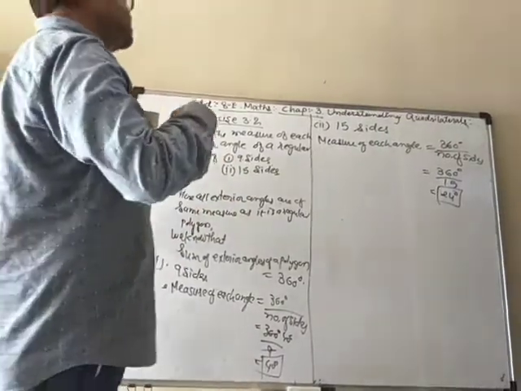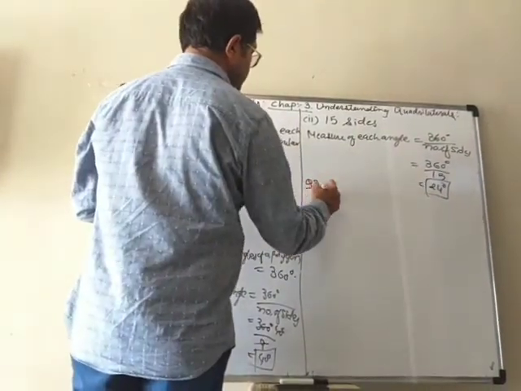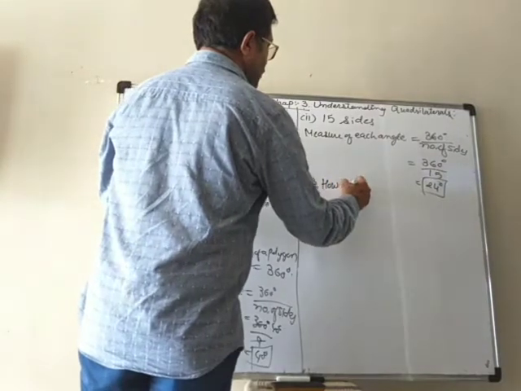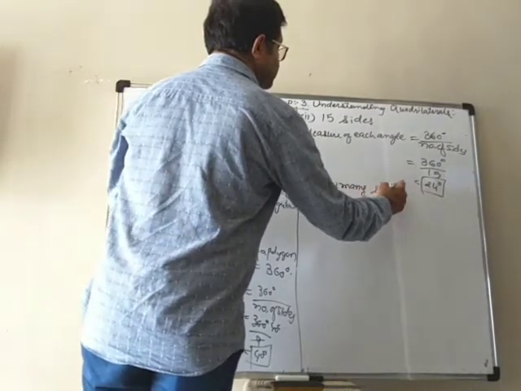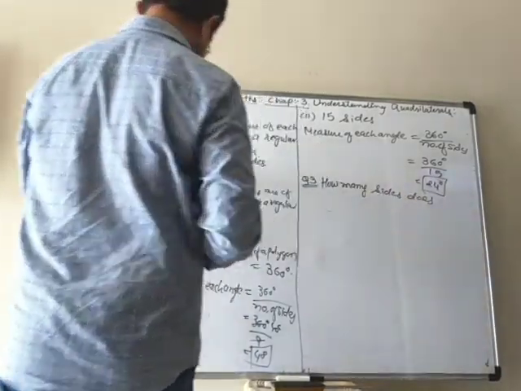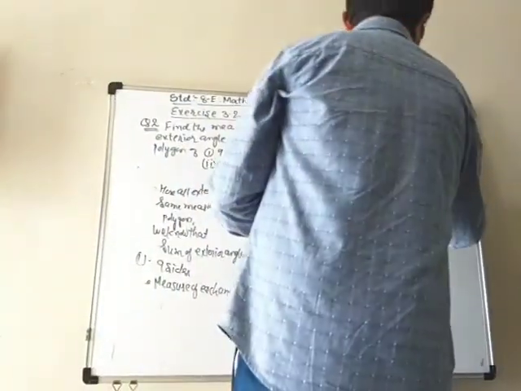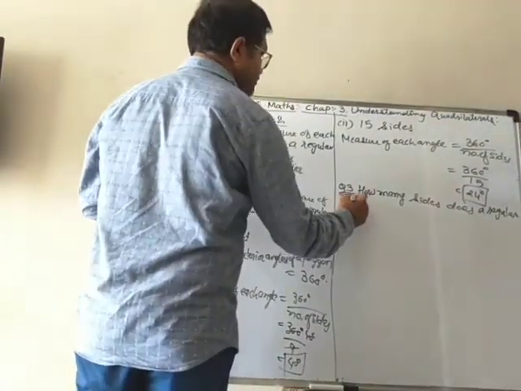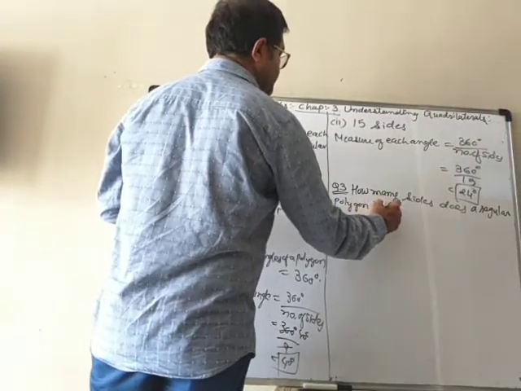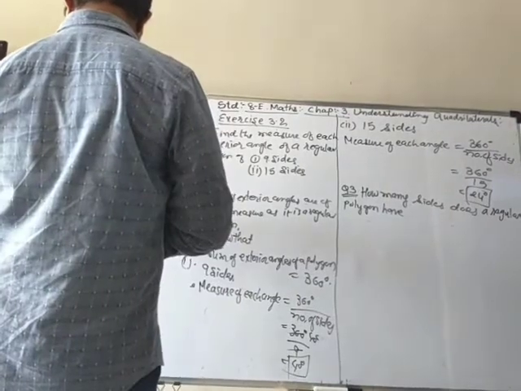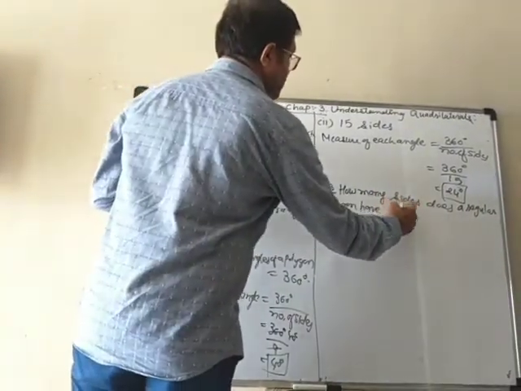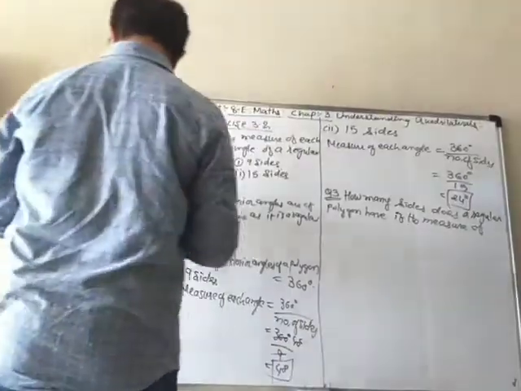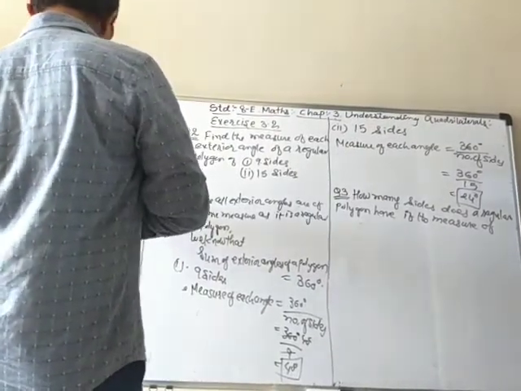Let's move to the third question. Question 3 says, how many sides does a regular polygon have if the measure of an exterior angle is 24 degree.